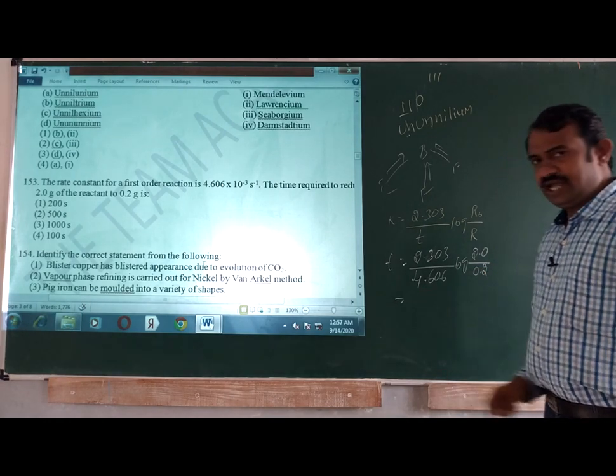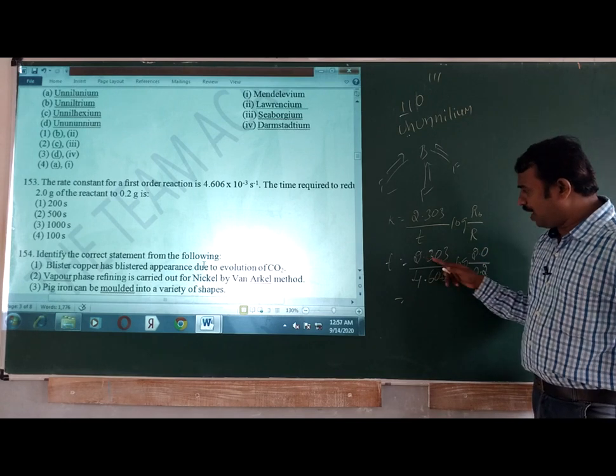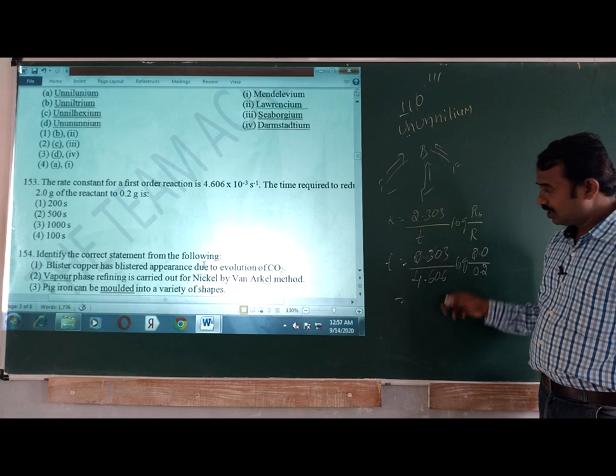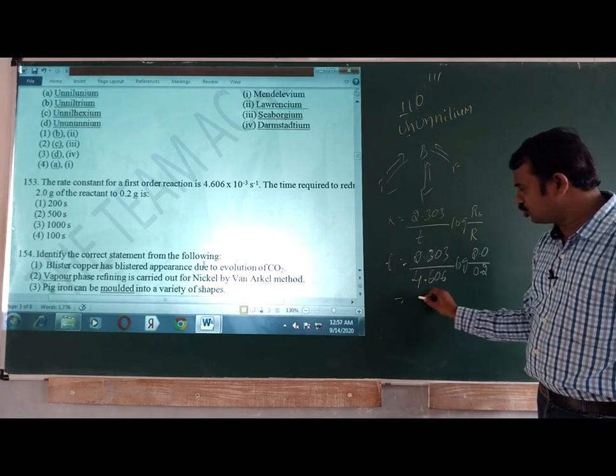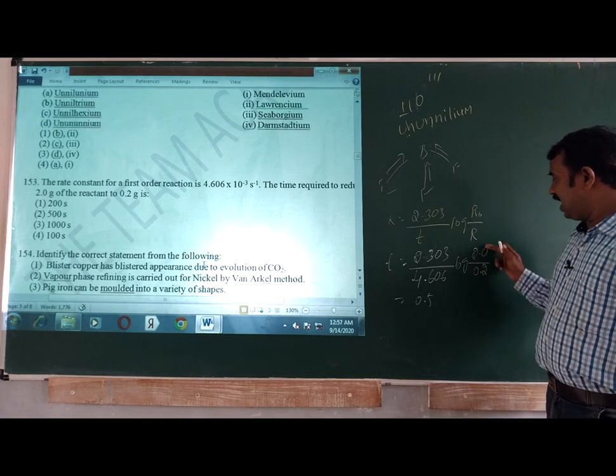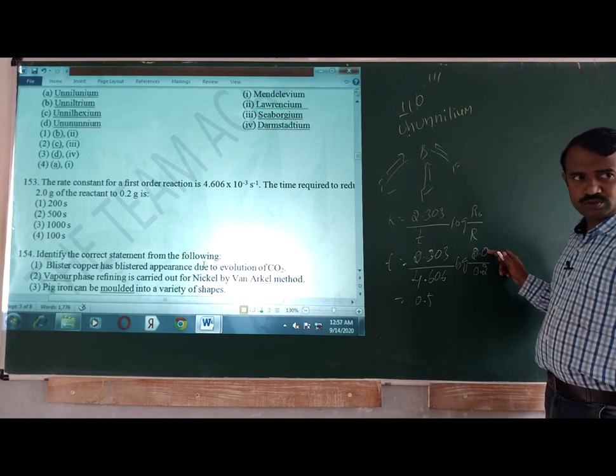Okay, here you can observe the value 2.303 is almost double, 1 by 2. 1 by 2 means 0.5. Here also 0.2 and 2, 10.